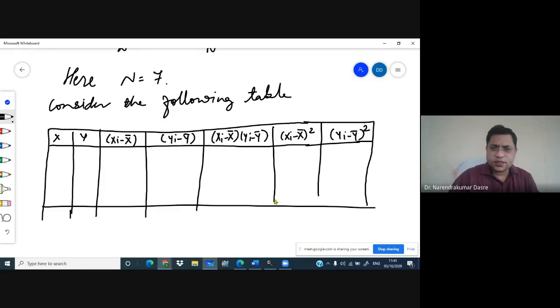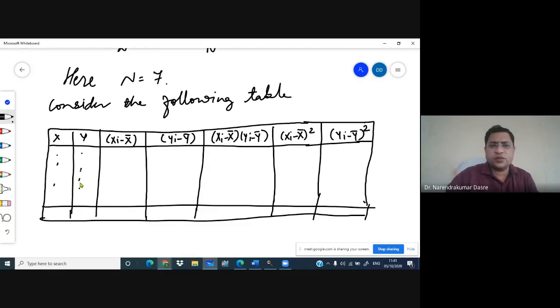We are interested in the summation of these columns. Here we write the x observations, here the y observations, and then give me what the sum is: summation x, summation y, and then the other summations. I hope you are calculating with me.